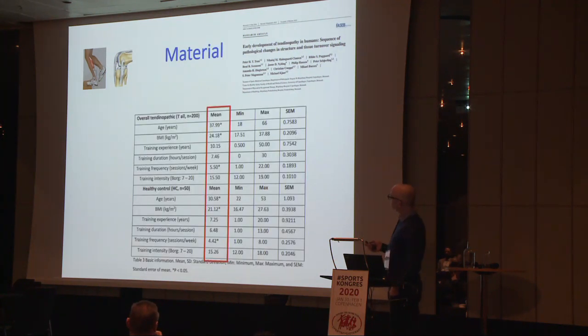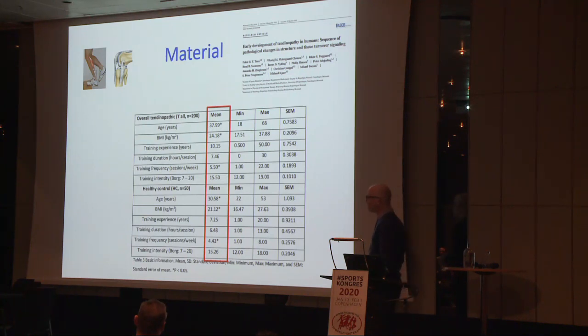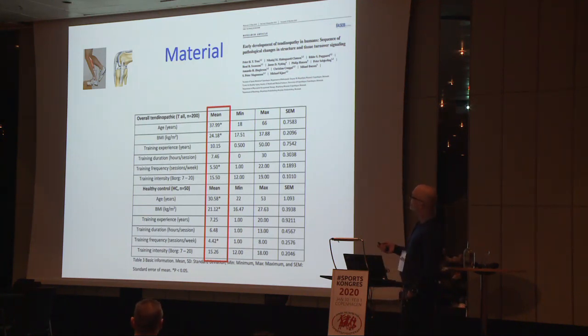With regards to the material, we were able to recruit 200 people with tendinopathy, both Achilles and patellar tendinopathy, and you'll see later how many there are in each of the groups. We also had a matched group of healthy controls. As you can see, those who had tendinopathy were a little bit older.